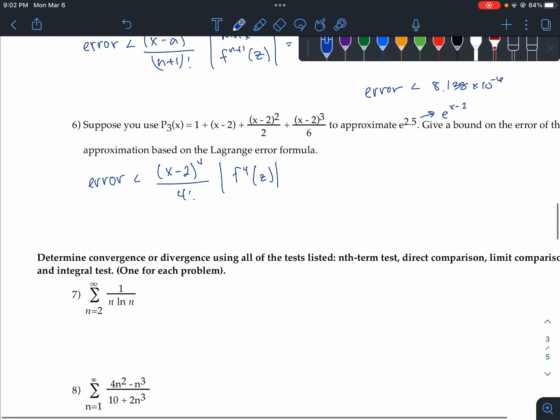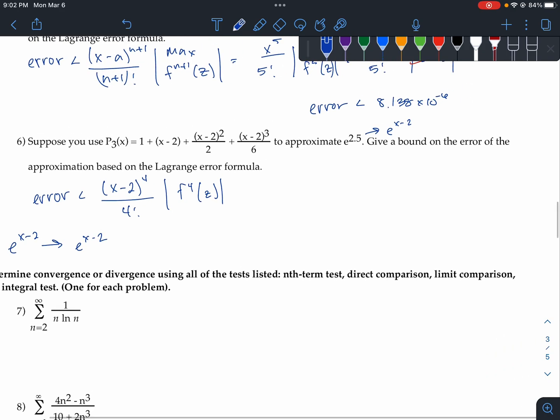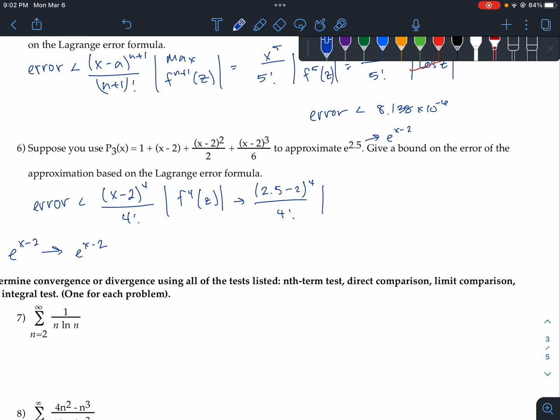Now our function is e to the x minus 2, and the derivative 4 times over is still going to be e to the x minus 2. So we plug in 2.5 for x: 2.5 minus 2 to the fourth divided by 4 factorial times the absolute value of e to the z minus 2.